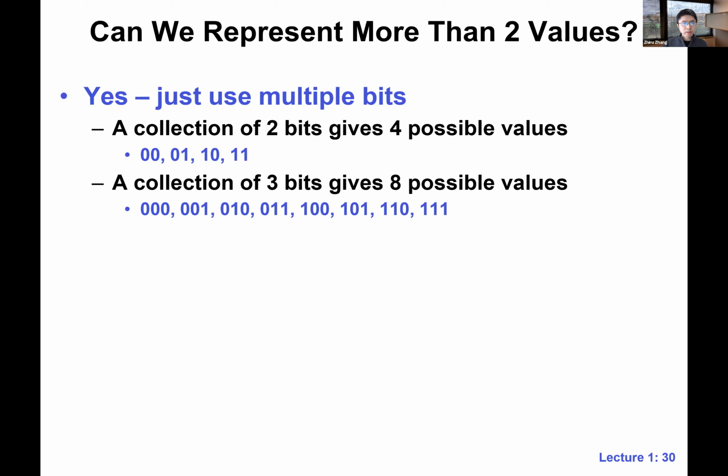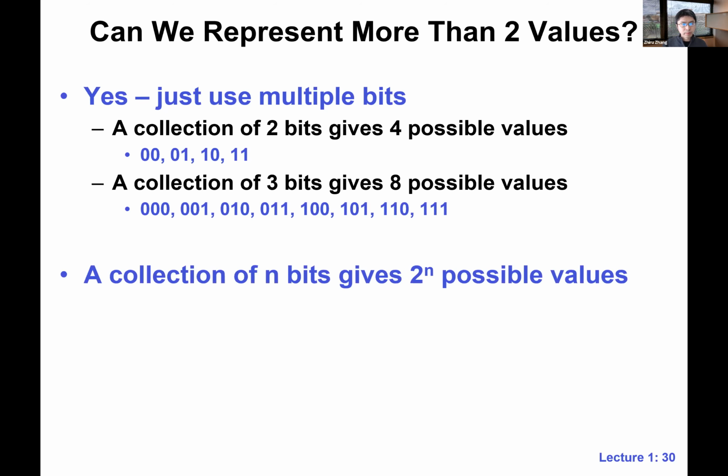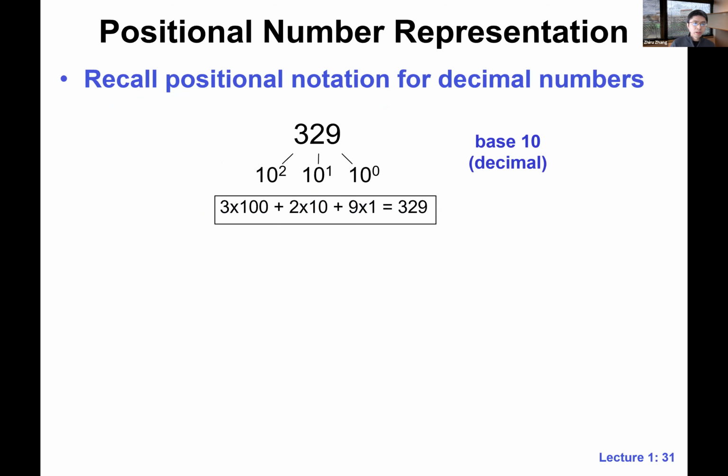If you're new to the binary system, don't be scared. It just works like that heater thing. And if you have n bits, we can encode up to 2 to the n possible values. In fact, this is very much the same as the decimal system that we are used to.